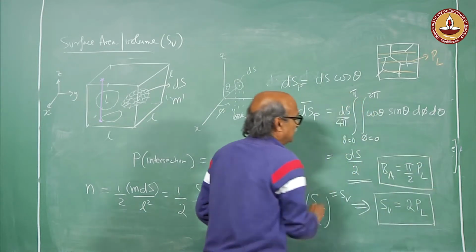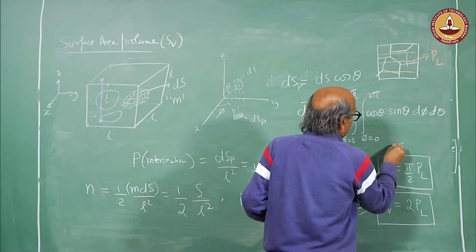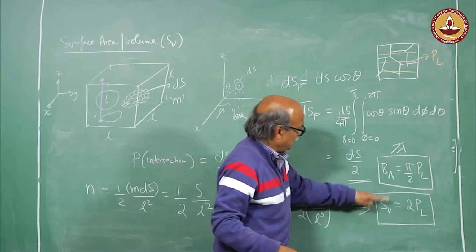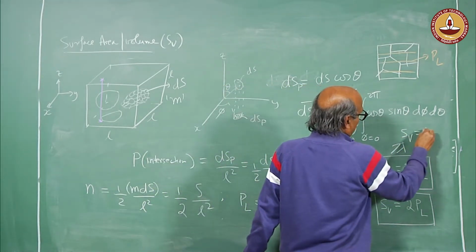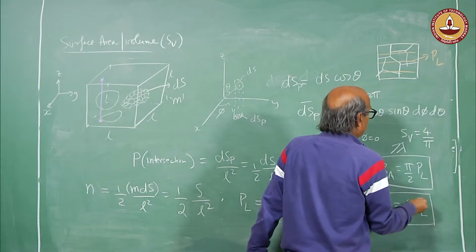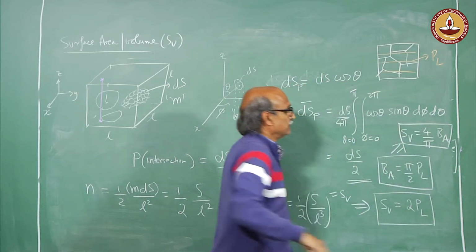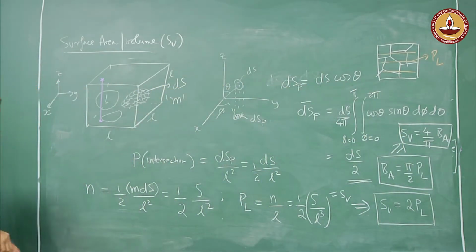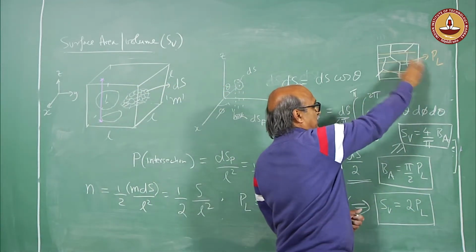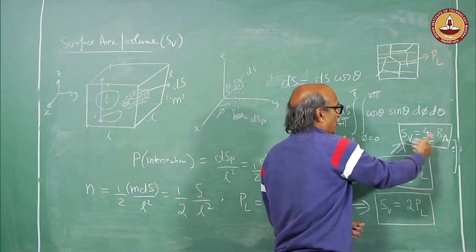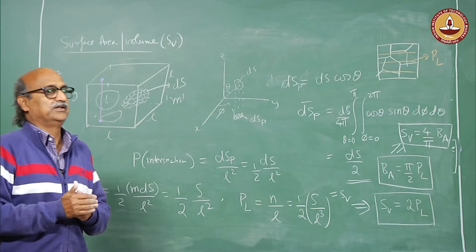This we had already seen, which means that I can relate SV and BA as well, and I can write SV to be equal to 4 upon pi BA. That is, if I have so many boundary lengths in a unit area, multiply this by a factor of 4 upon pi, I will get so much surface density in the material.